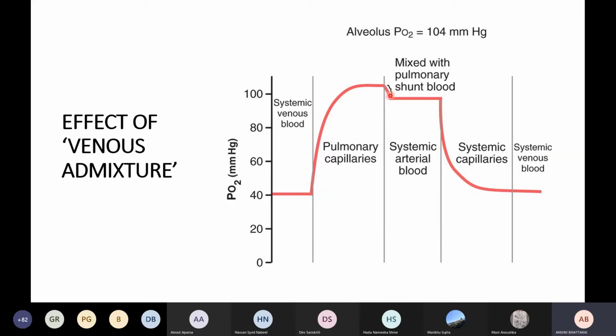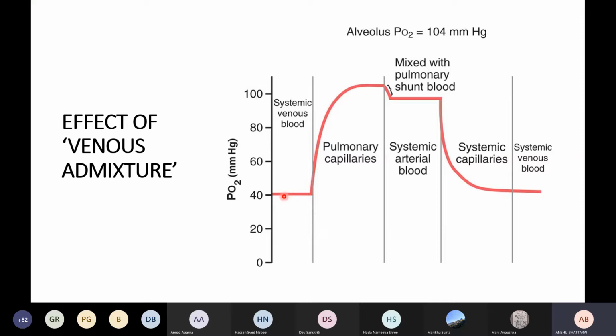And this causes a drop in partial pressure of oxygen, and it becomes about 95 to 97 millimeter of mercury. Okay, and that is the systemic arterial partial pressure of oxygen. And finally, when it reaches the systemic capillaries, the tissues take up oxygen, right? The cells and tissues of our body take up oxygen, and the partial pressure of oxygen reduces. And again, in the systemic venous blood, it is 40 millimeter of mercury.